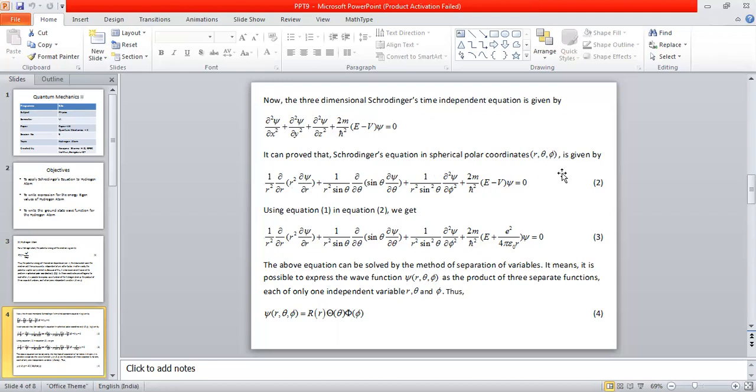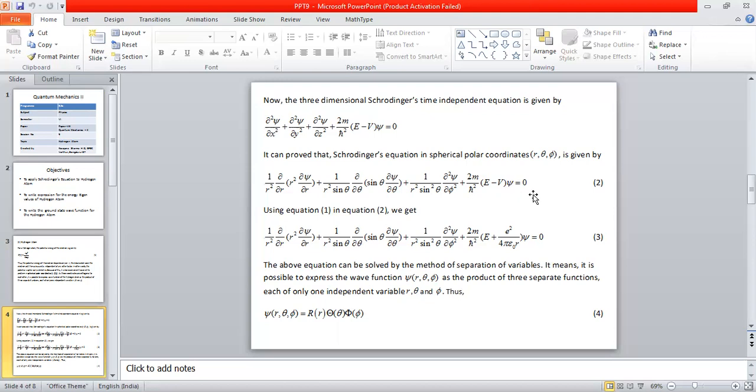In terms of r, theta, and phi, Schrödinger's equation is given by 1 by r square dou by dou r of r square dou psi by dou r plus 1 by r square sin theta dou by dou theta of sin theta into dou psi by dou theta plus 1 by r square sin square theta dou square psi by dou phi square plus 2m by h cross square times E minus V times psi is equal to 0.